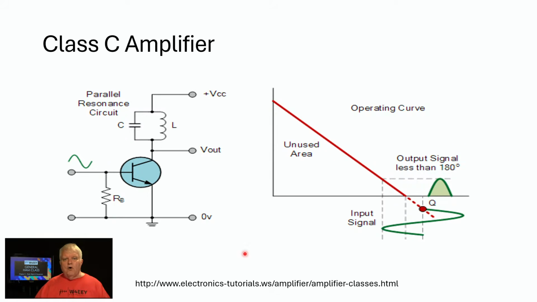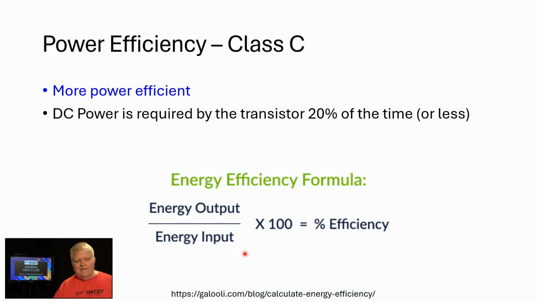So Morse code, which is on or off, can use a Class C amplifier. FM signals, which are always at full power, and you're just varying the frequency, can use Class C amplifiers. Class C amplifiers are more power efficient than any of the others that we've talked about before, because power is required by the amplifying device, in this case a transistor, 20% of the time or less.